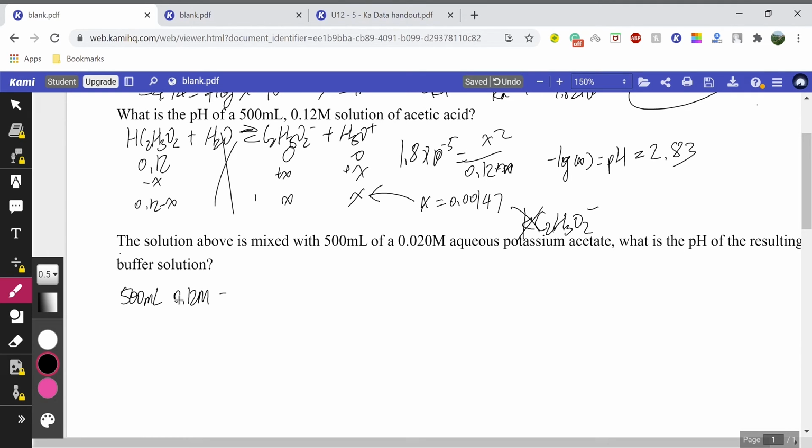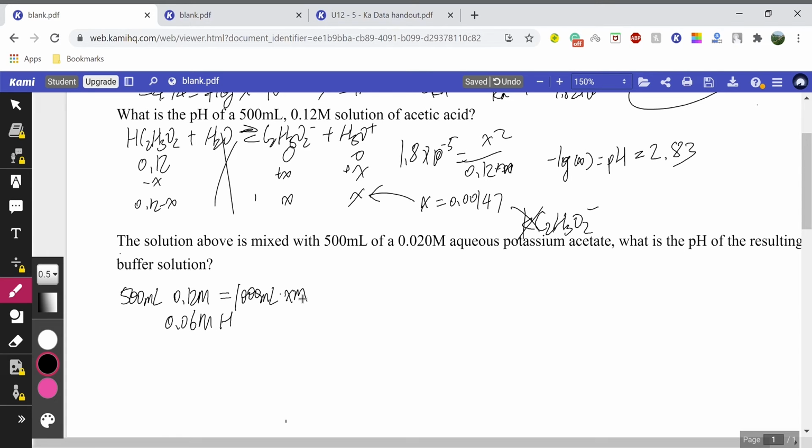And now this will turn into the new solution of 1 L times x molar. So 500 times 0.12 divided by 1,000 milliliters, basically 0.12 divided by 2, which is going to be 0.06 molar.